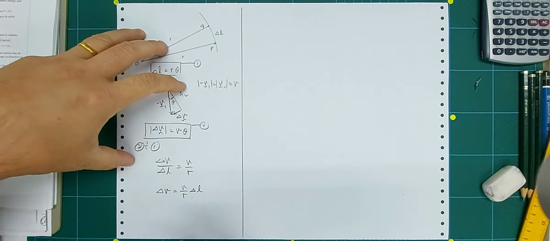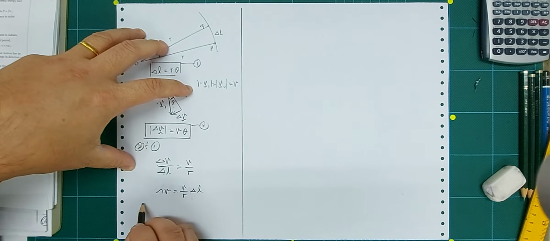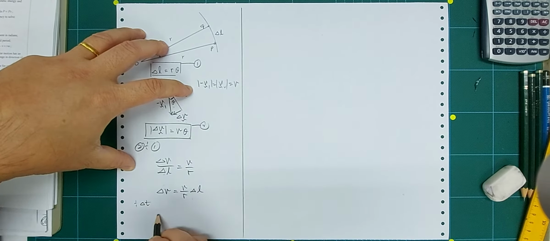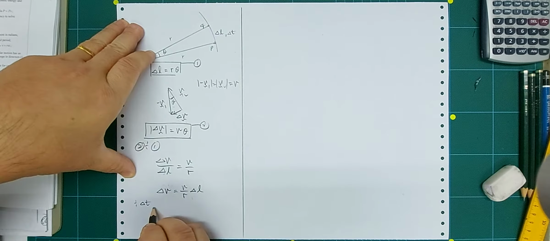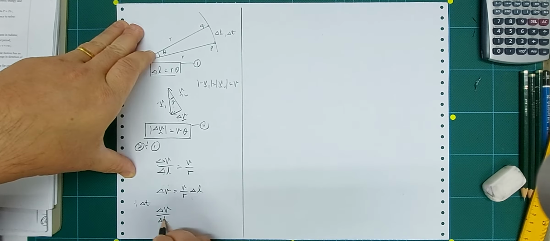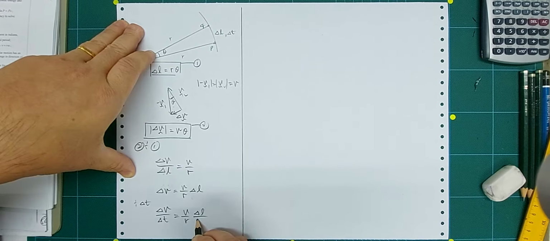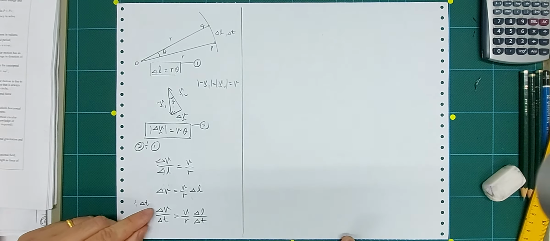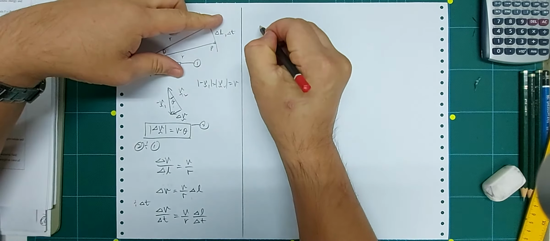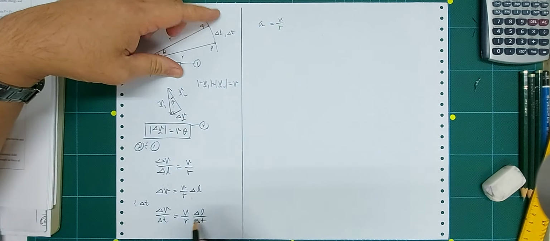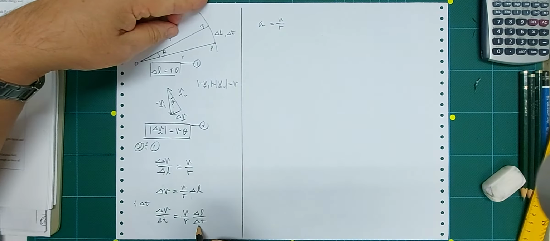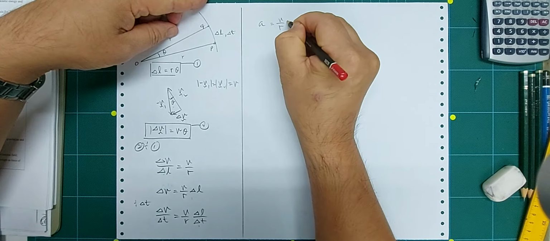If you look carefully, if we divide both sides by delta T, which is the time taken for the object to move from P to Q, you get delta V divided by delta T equal to V over R times delta L over delta T. So the changes of velocity divided by changes of time is our acceleration, and it is equal to V over R. The changes in the displacement divided by time is actually equal to your velocity.